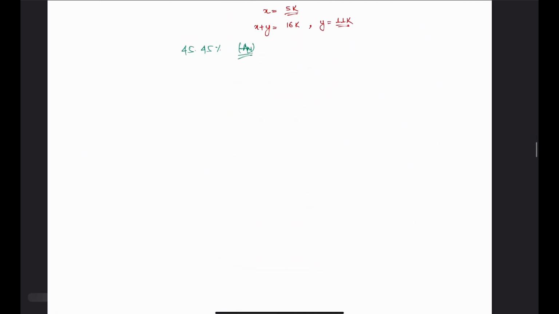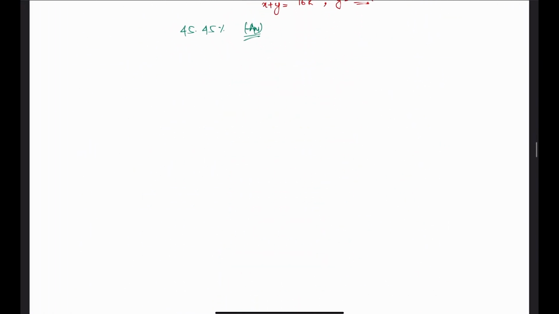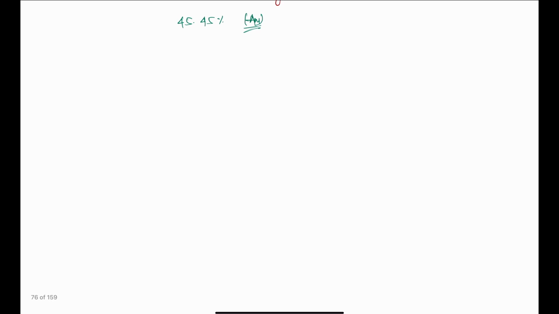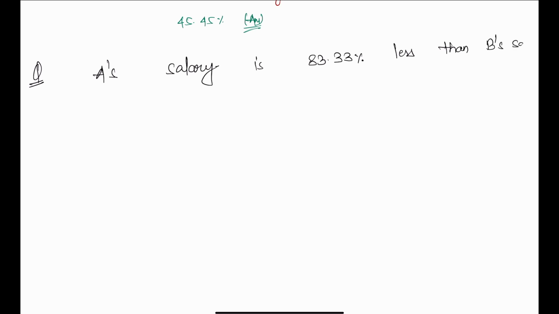Let's try to solve a few more questions just to be safe, to make sure we have grasped the concept. Question: A's salary is 83.33% less than B's salary.